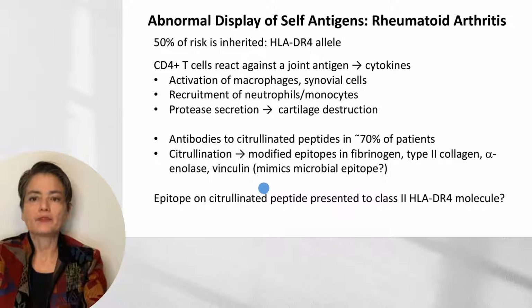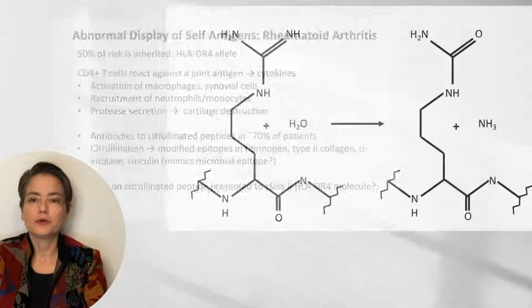And it's thought that perhaps this mimics some sort of microbial epitope. So for the pathogenesis of rheumatoid arthritis, it's thought that an epitope on some citrullinated peptide, so a modified self-antigen, is presented to a class 2 HLA-DR4 molecule, which is able to bind with greater affinity than we see for other HLA types.